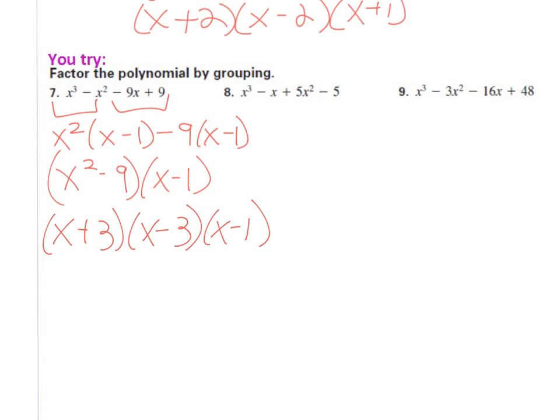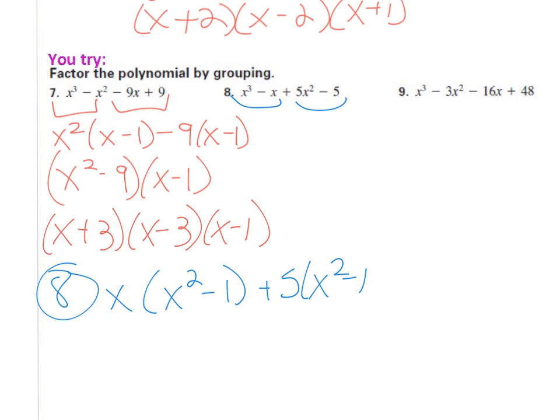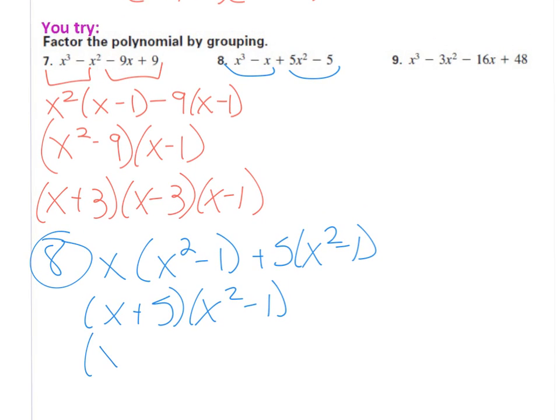Okay, I'm going to try 8. So we can factor out an x from the first group and a 5 from the second. Regroup it. Ooh, but x squared minus 1 can factor more to x plus 1, x minus 1.